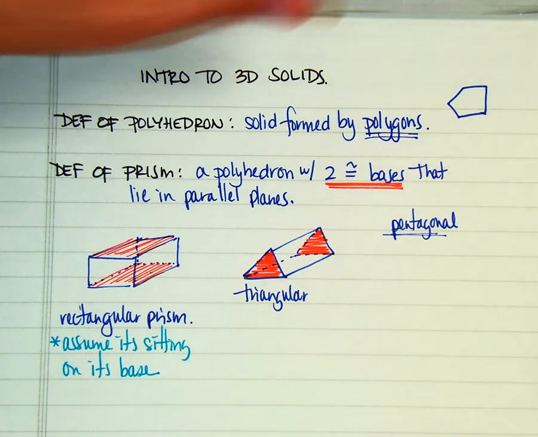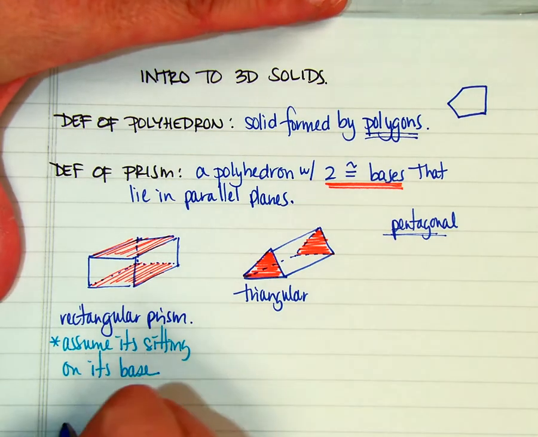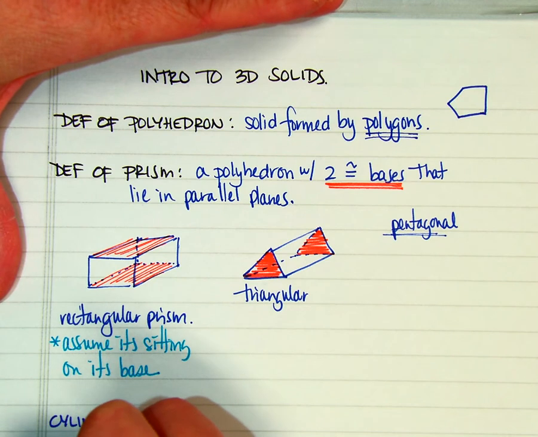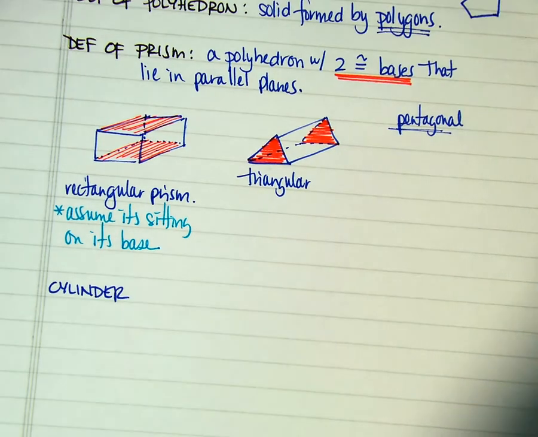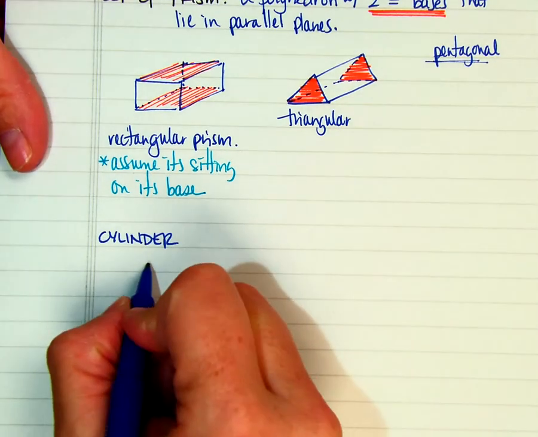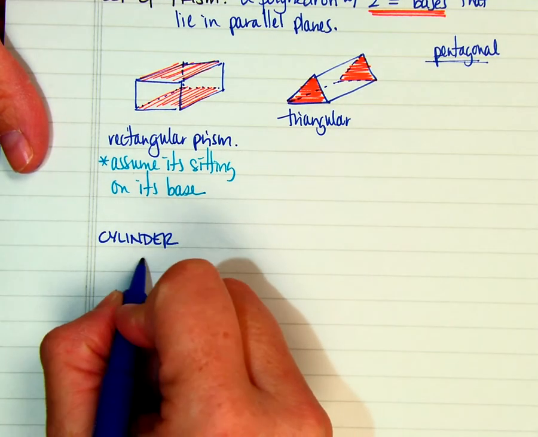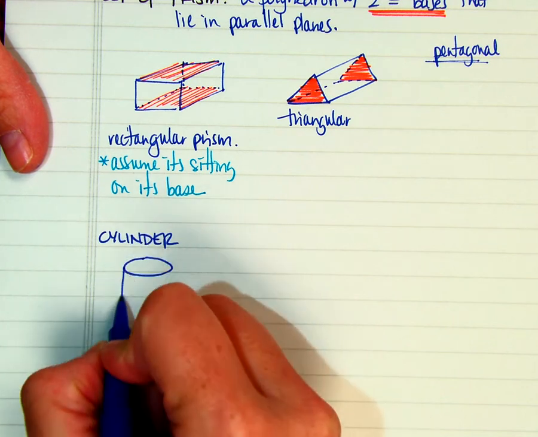There are some other solids that we need to discuss, and that would be a cylinder. A cylinder would be like a pop can or a can of soup. When you draw those, and I'm going to try to draw them, typically I have my dry erase so I can cheat.